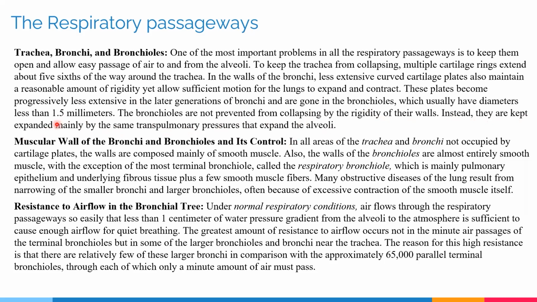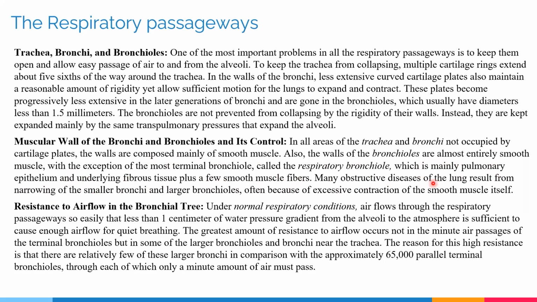Next, we look into the muscular wall of the bronchi and the bronchioles and its control. In all the areas of the trachea and bronchi that are not occupied by cartilage plates, the walls are composed mainly of smooth muscle. Also, the walls of the bronchioles are almost entirely smooth muscle, with the exception of the most terminal bronchiole, known as the respiratory bronchiole, which is mainly pulmonary epithelium and underlying fibrous tissue plus a few smooth muscle fibers.